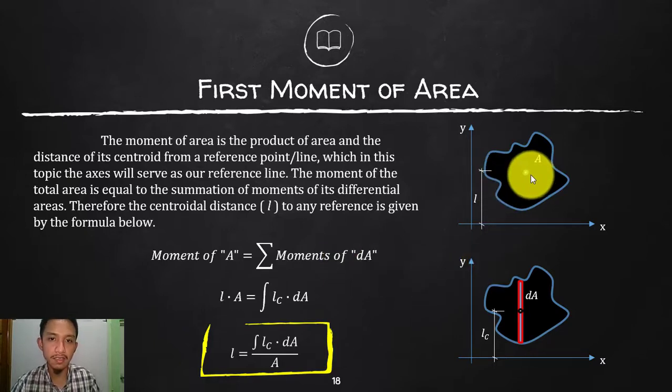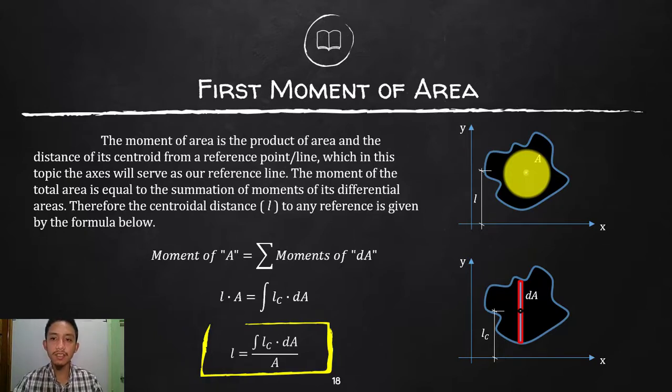That is the first moment of area, and that is the use of your centroid. Later on, in mechanics and so on, you will be using the centroid for the moment, especially in design subjects.